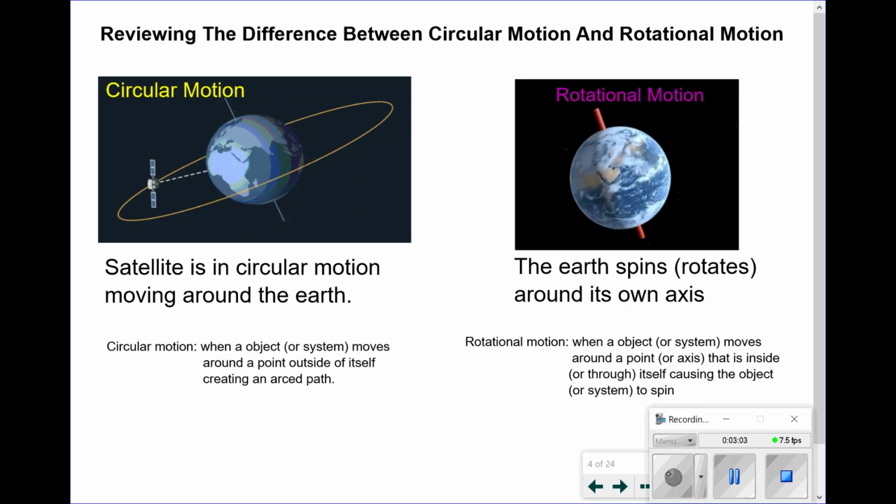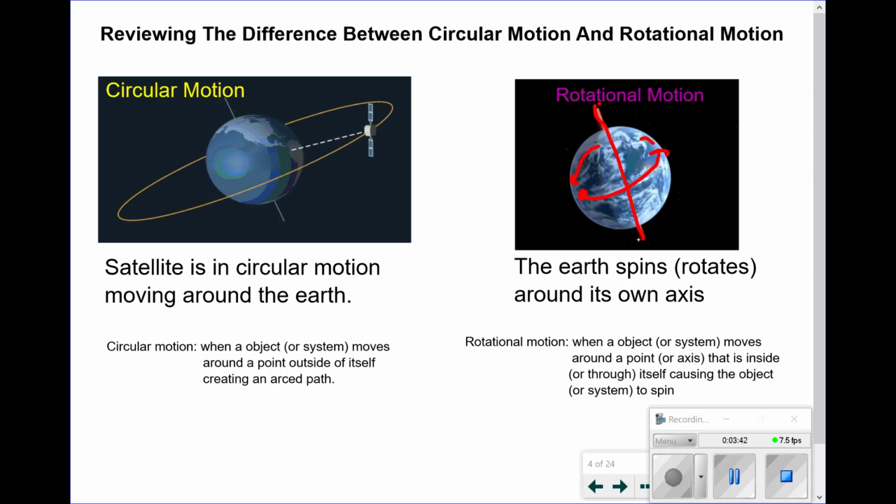One of the reasons why people get confused about rotational motion and circular motion and get them switched around is the fact that these two do have a relationship. For example, if I was to focus on just a piece of land on the Earth and track its motion, ignoring the rest of the planet, I would see that this piece of land would in fact travel in a circle around the center of the Earth itself, or at least in a circle around the axis of the Earth's motion.